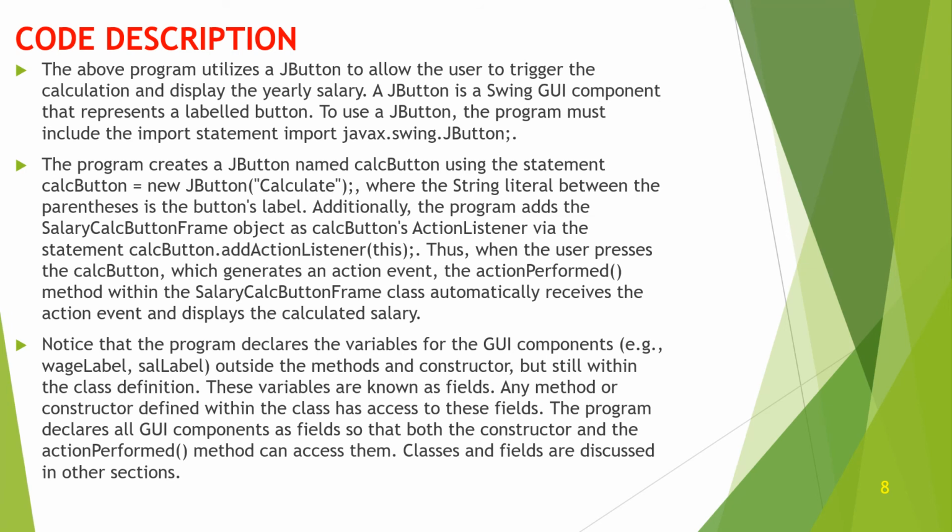You can give the name of the button when you are initializing a variable called button. A string literal is used to name the button, and addActionListener is the method where you give the salary calculation part and display the salary in your text field.